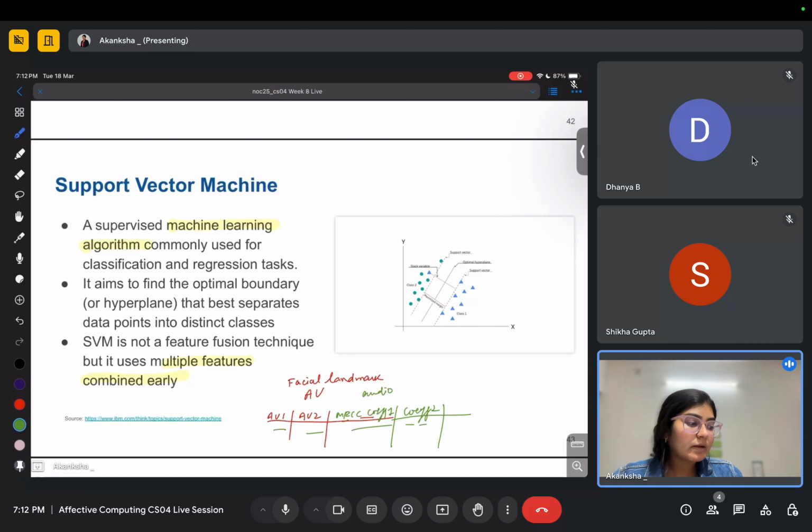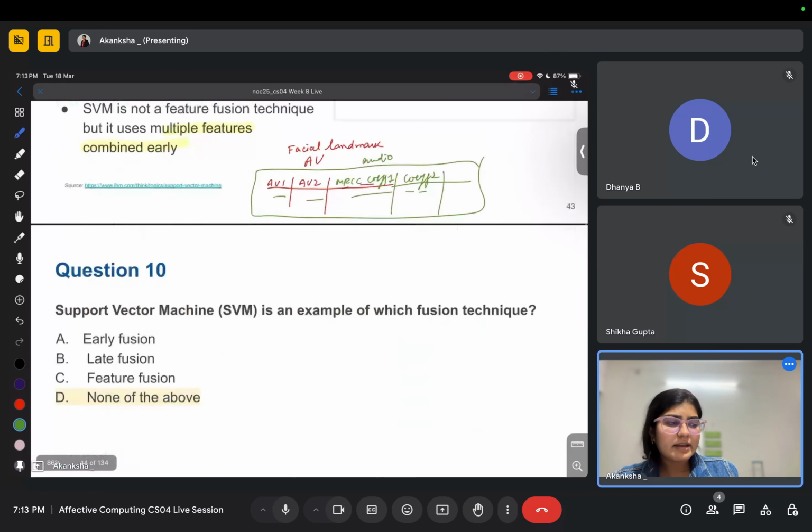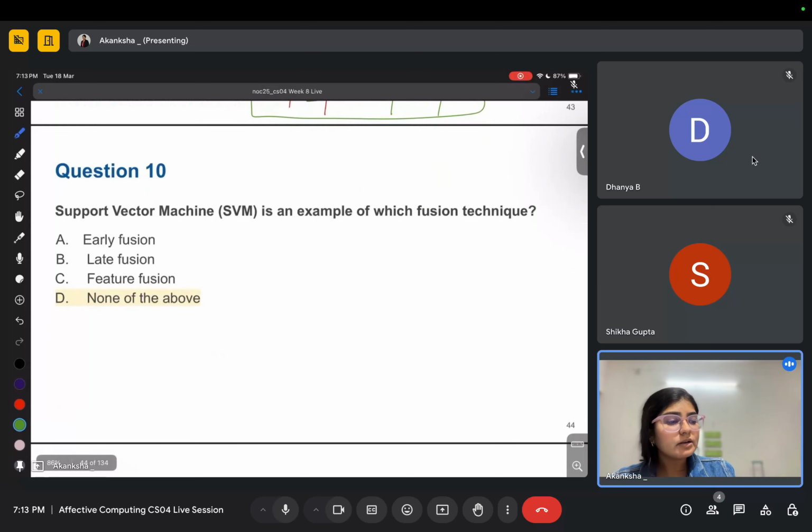But here we are providing it at an early stage, not the decision level. So in SVM we essentially combine the features early. If the question was what kind of fusion technique SVM supports, I think it should be early fusion. But SVM itself is not a fusion technique. It is a classifier, an ML algorithm.